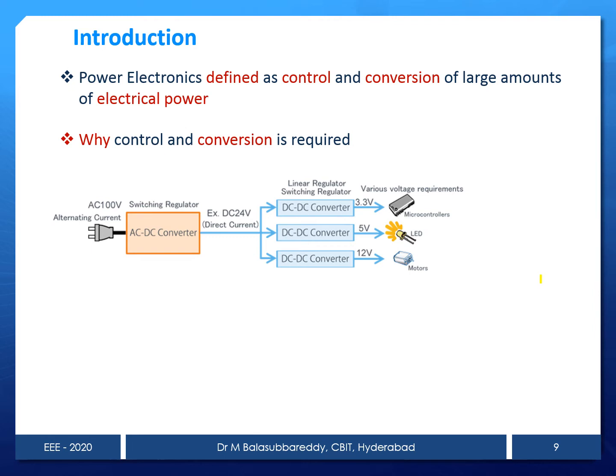So this is the scenario. One small example I mentioned here is why control and conversion are required. We convert AC to DC, and we also control that DC output voltage for the particular application. So this is one reason.